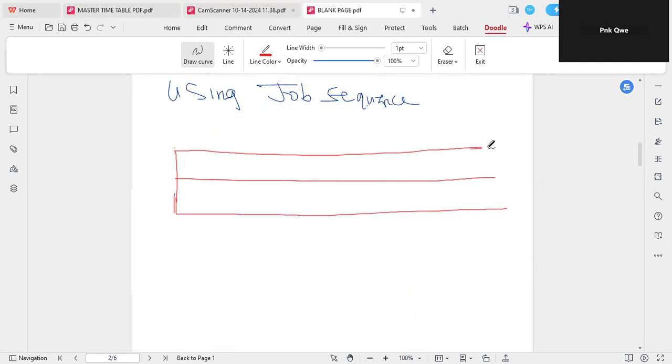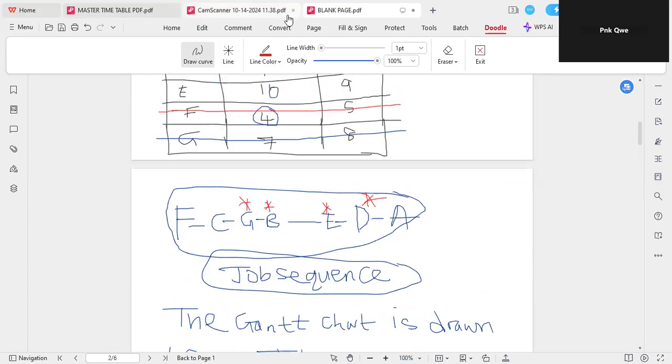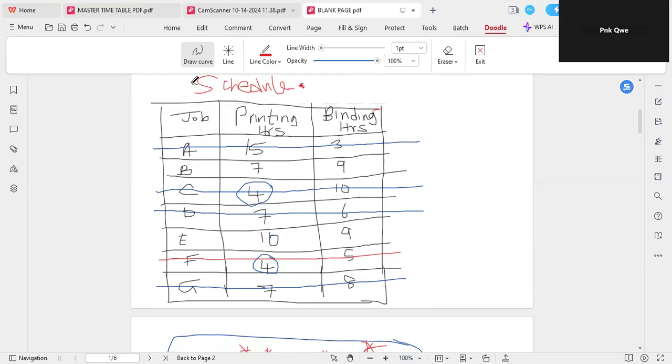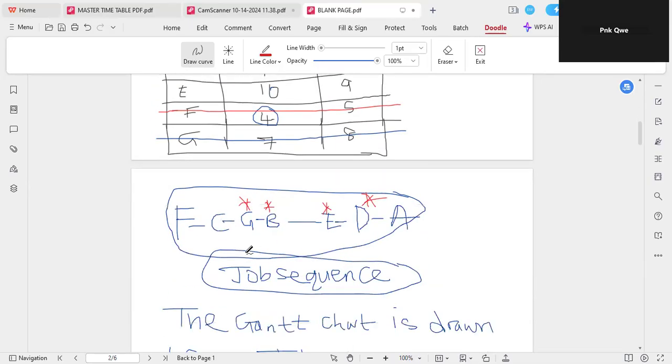Now the shortest processing time here, we're using the job sequence, which is this one.